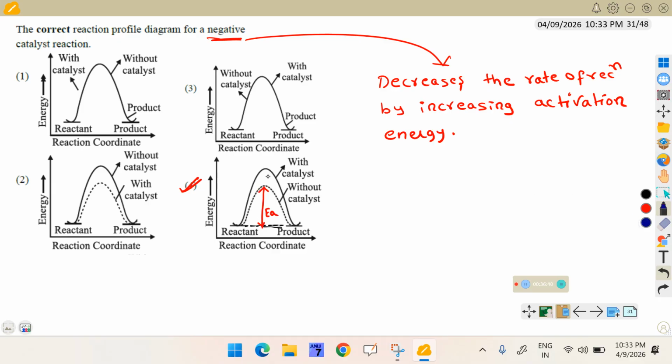If catalyst is present, then the activation energy increases. Decreases the rate of reaction by increasing activation energy, so this is considered a negative catalyst reaction. This is a positive catalyst reaction: increasing the rate of reaction by decreasing activation energy is called a positive catalyst reaction.